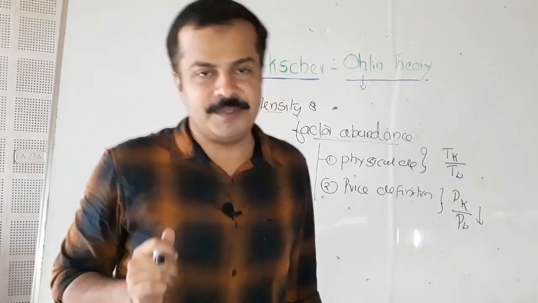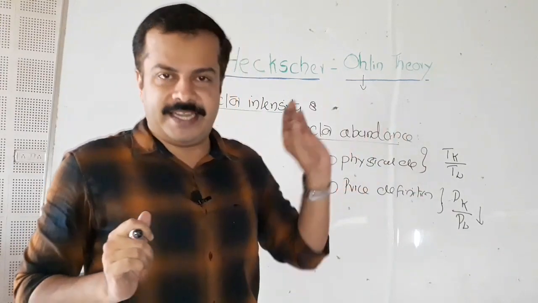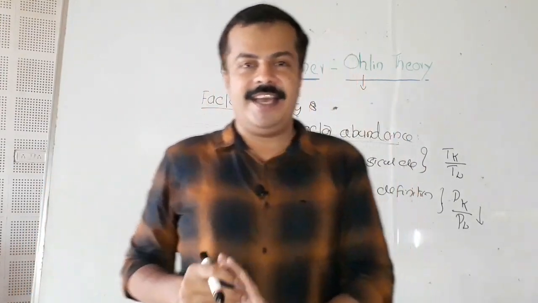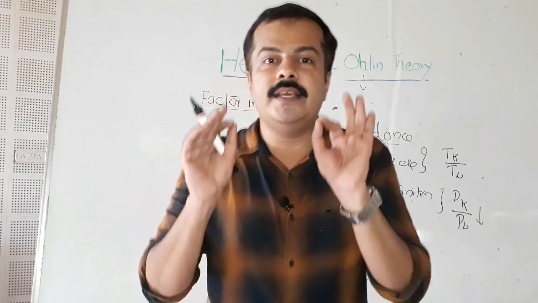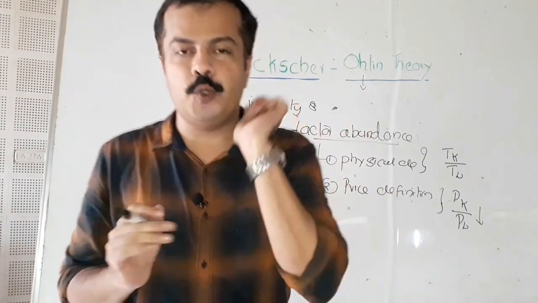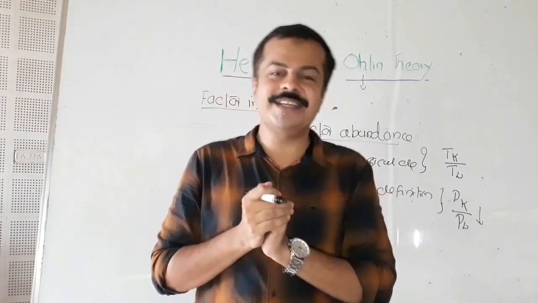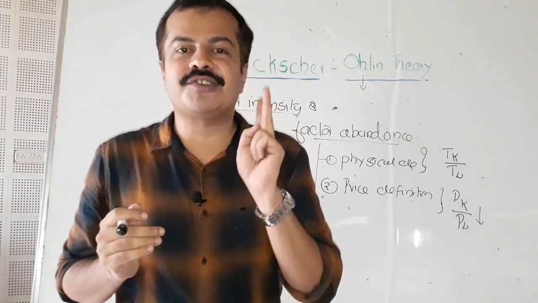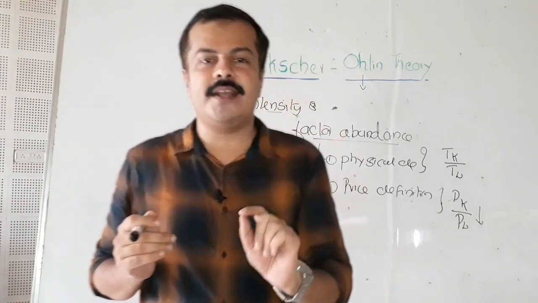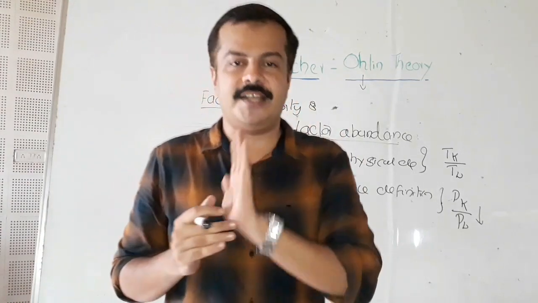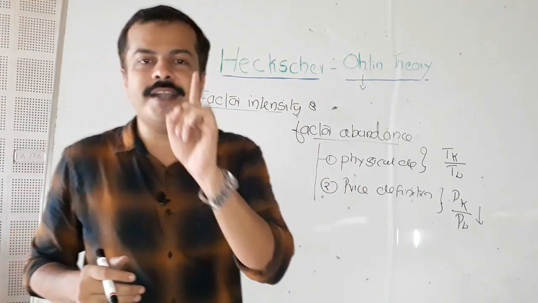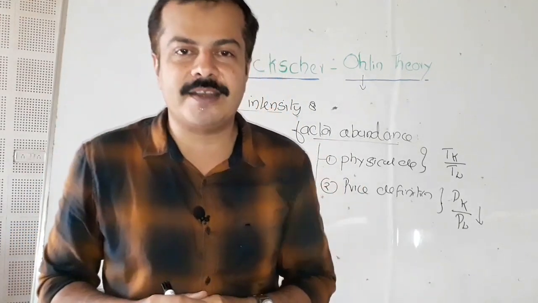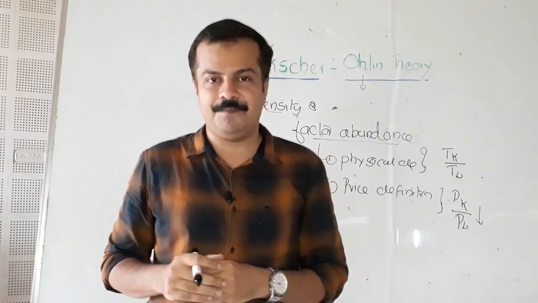It is assumed that Tk by Tl is higher and Pk by Pl is smaller in country 2. In other words, country 2 is treated as a capital rich, capital abundant country, and country 1 is treated as a labor rich, labor abundant country.